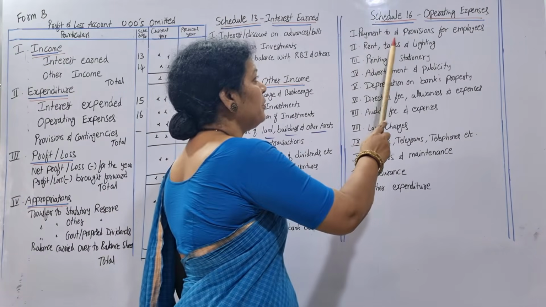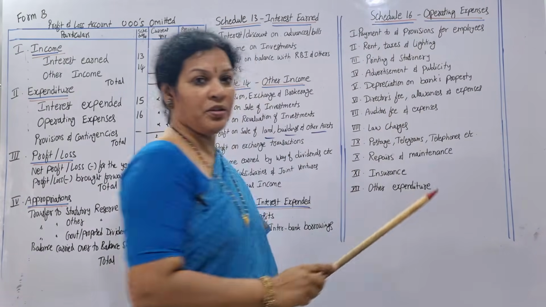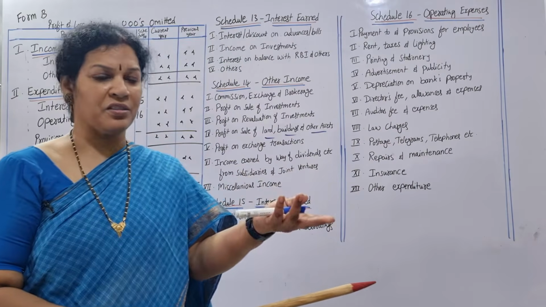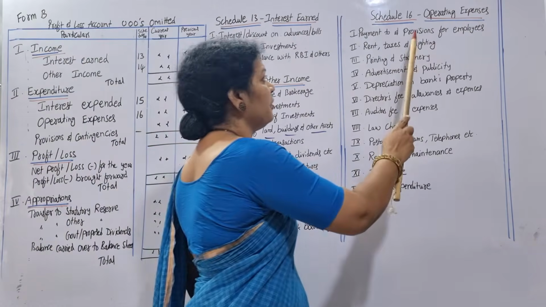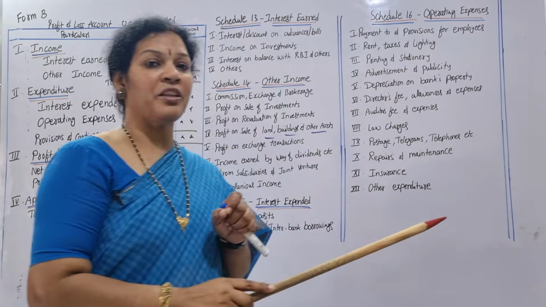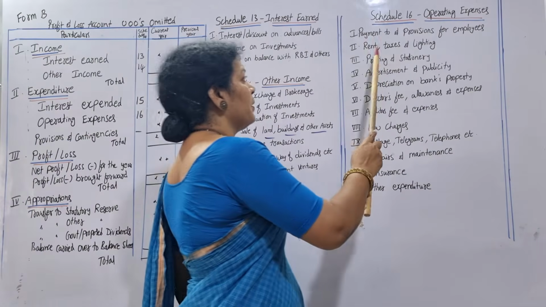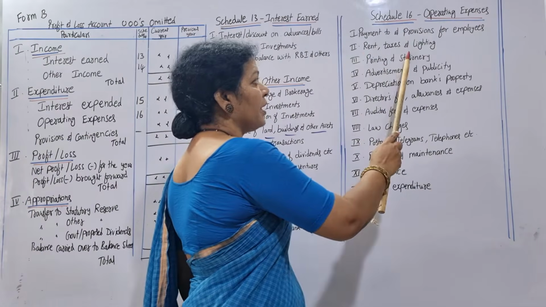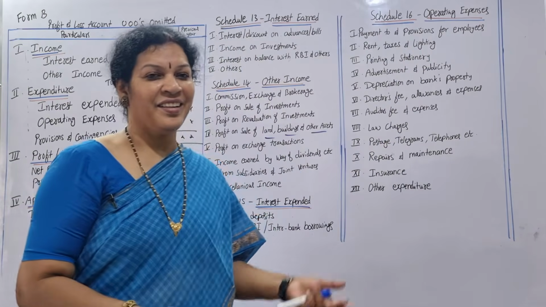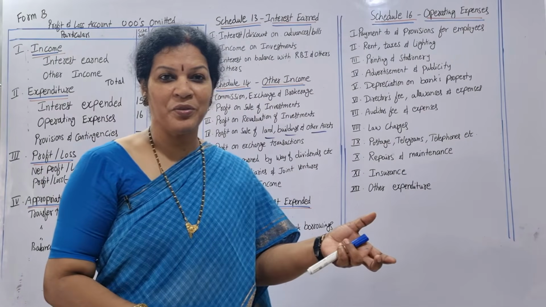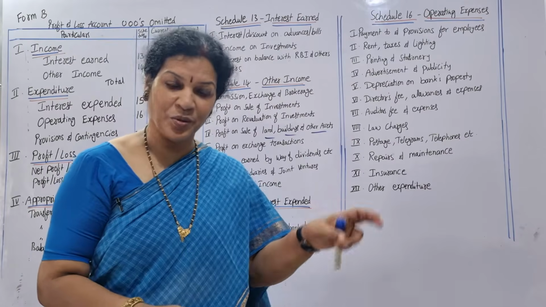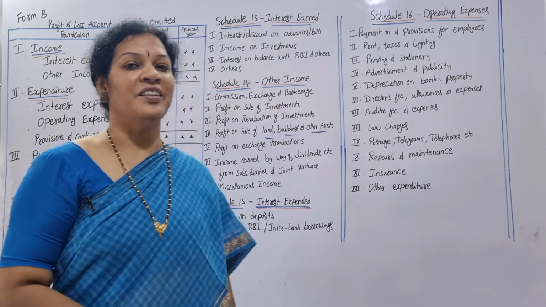First one, payment to and provisions for employees. Anything paid to employees, that's operating expenditure. And provisions we are making for the employees also, it's operating expenses, and rent, taxes and lighting. In fact, in profit and loss account we used to write indirect expenses, no? So all the expenses except interest.